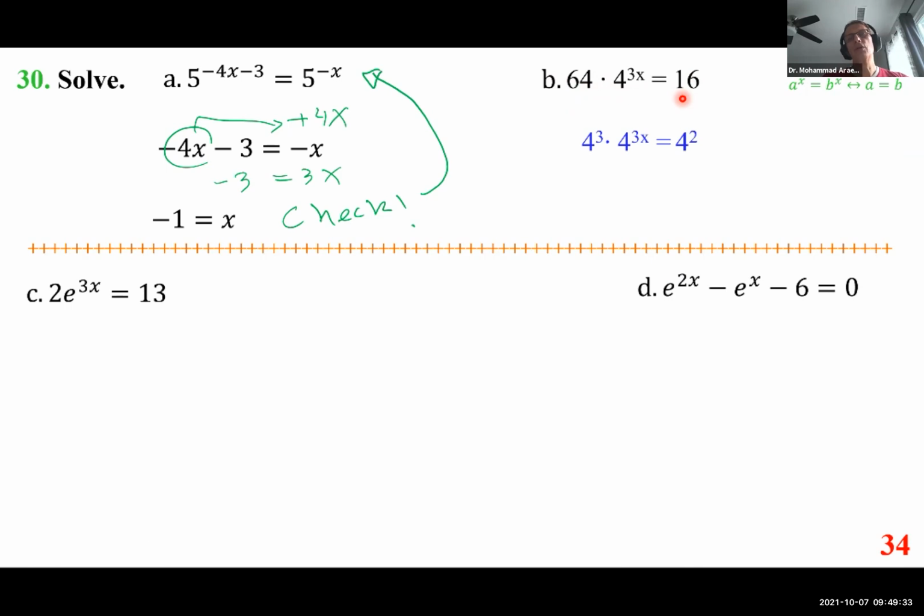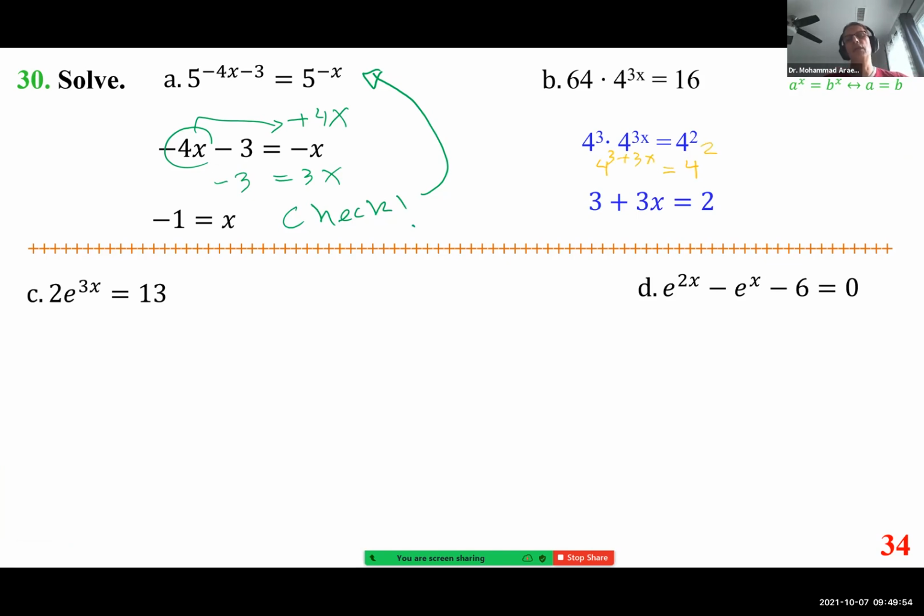Based on the exponential rule, we can add up the exponents, so the left side becomes 4 to the power of 3 plus 3x. Let me just write that for you. So the left side is 4 to the power of 3 plus 3x, and the right side is unchanged.